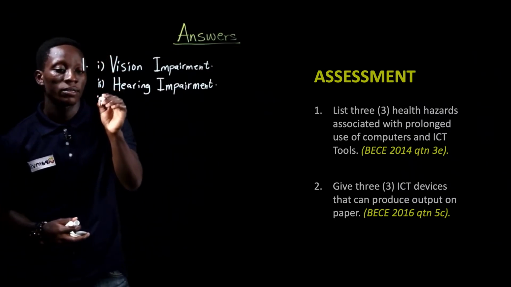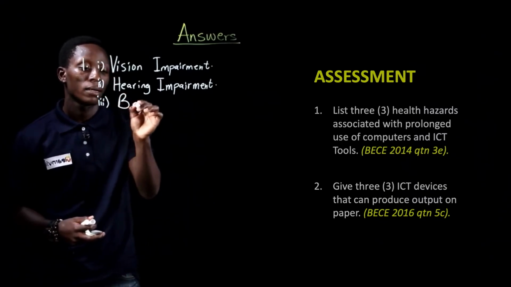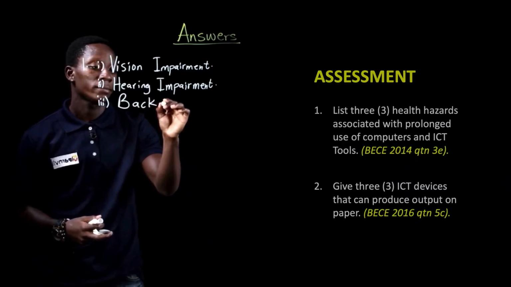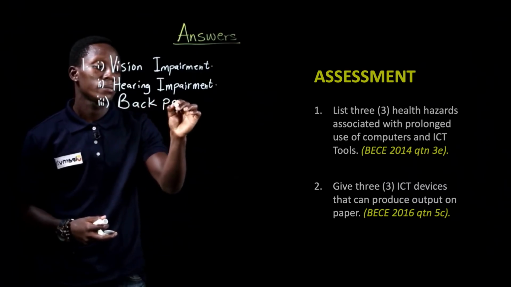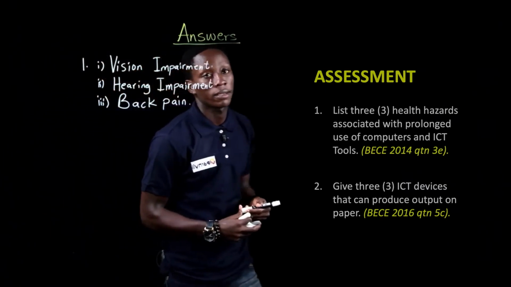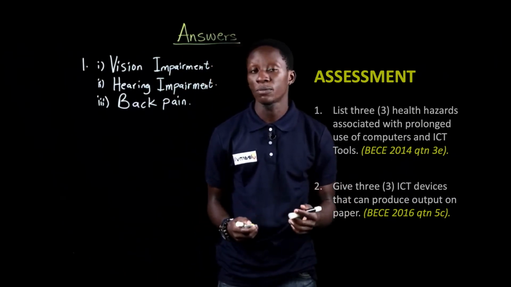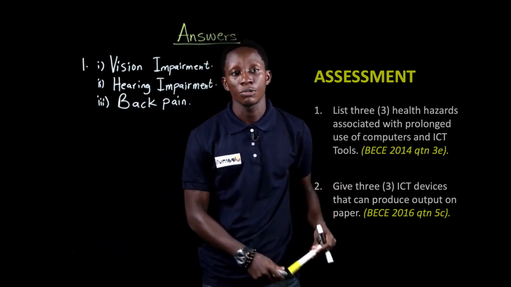And the third one, which is our last one, we will talk about back pain. So these are some of the hazards that are associated with the prolonged use of computers and ICT tools.